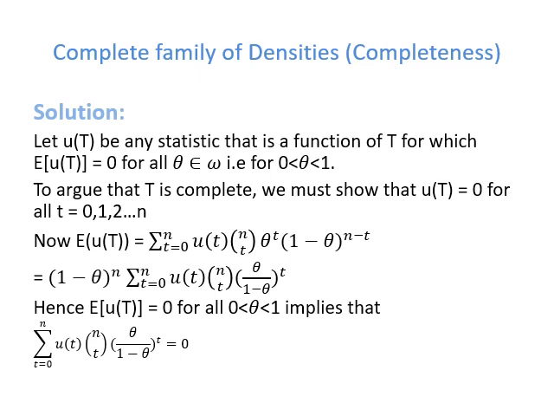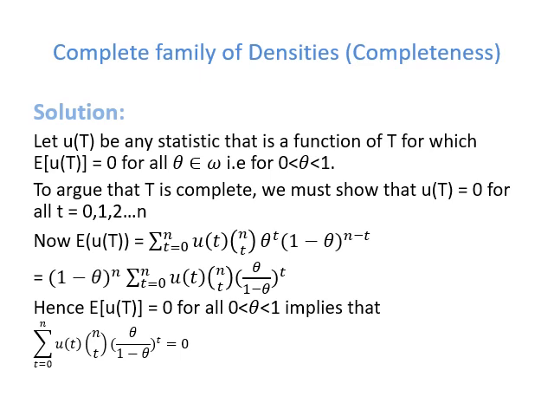to n. We want to show that if the expected value of u(T) equals 0 for all θ, this implies that u(t) itself should be equal to 0 for all t.